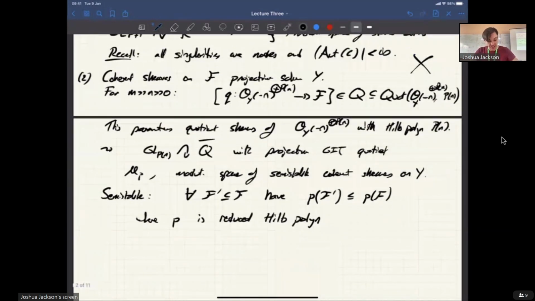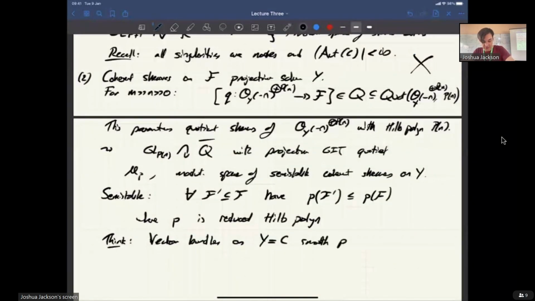If you haven't seen this before, you can think of a special case, which is vector bundles on Y equals C, a smooth projective curve. In that situation, this condition reduces to a condition on slopes.